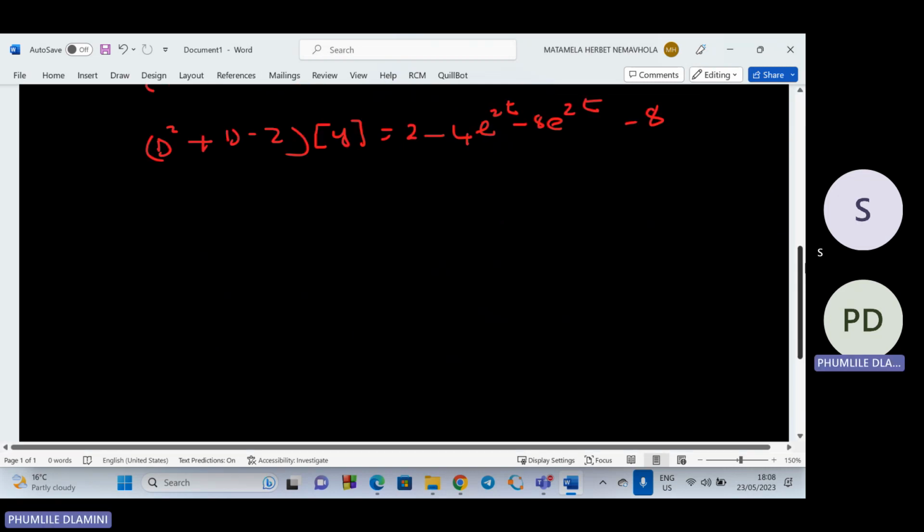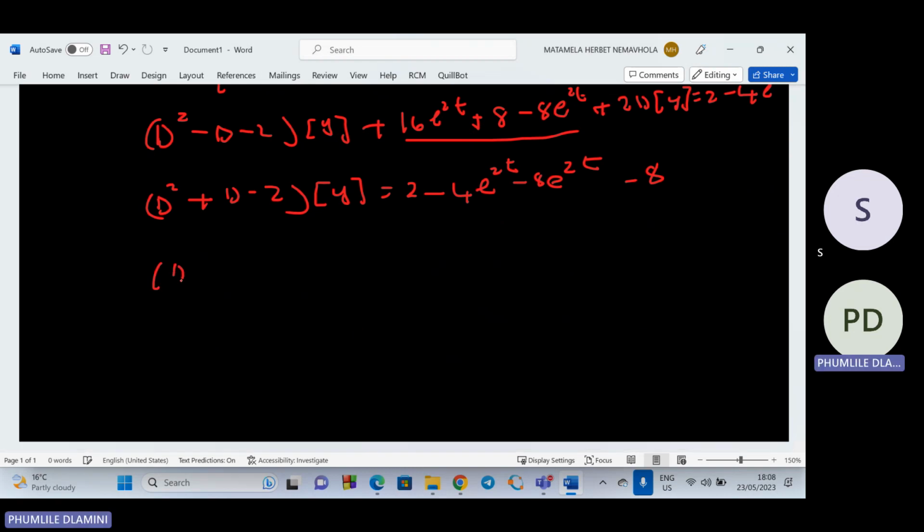Then the answer we're going to be left with is d squared plus d minus 2 of y, which equals minus 6 minus 12e to the power 2t. So now minus 6, minus 12 plus minus 8 here is going to be minus 12.